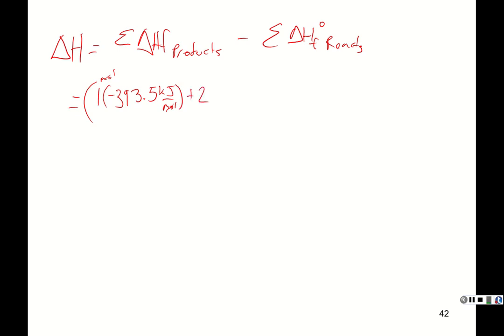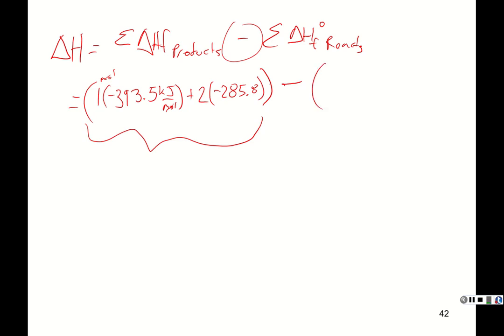So H2O, there's 2 times minus 285.8. Important to note that with these brackets, we need to do this math first before we do this negative sign.